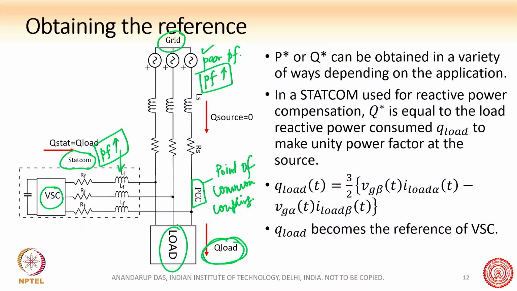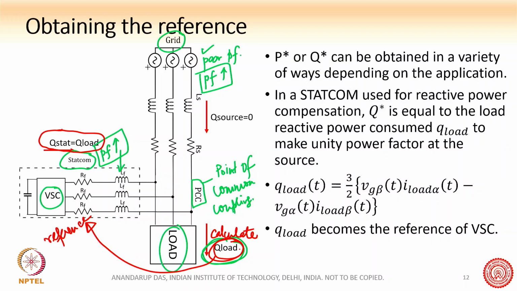So what will it do? It will understand first how much Q load is flowing. So first it will calculate how much is the Q load flowing. Now if that Q load becomes the reference for the VSC, then this condition will happen, that the whole of the Q load is being supplied by the statcom, right?